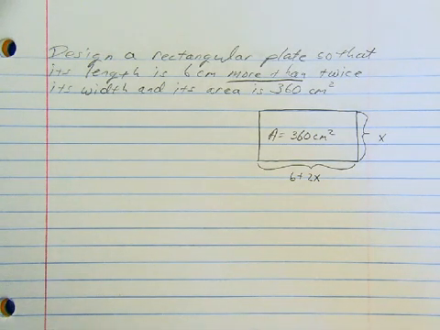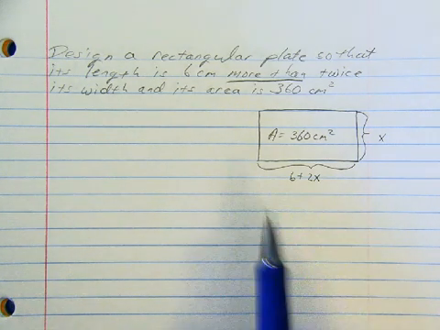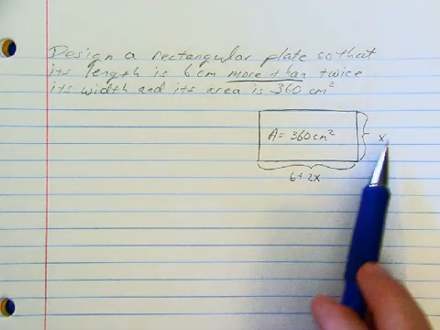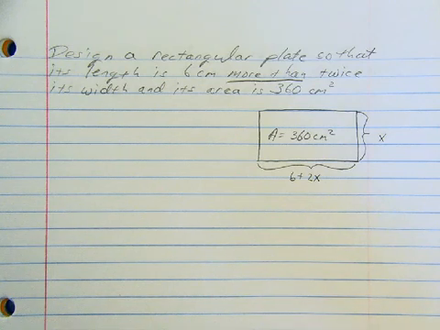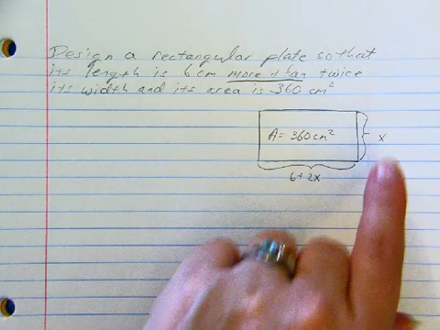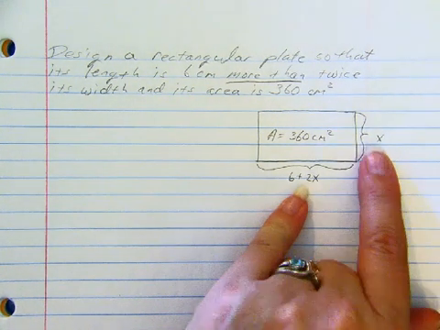Okay, so first we have our picture here. We've labeled the different pieces. So then we're going to use the formula. Sorry, I'm just looking to see exactly what it's wanting us to find. So we're going to find the length and the width.